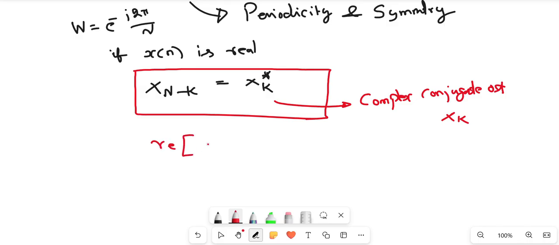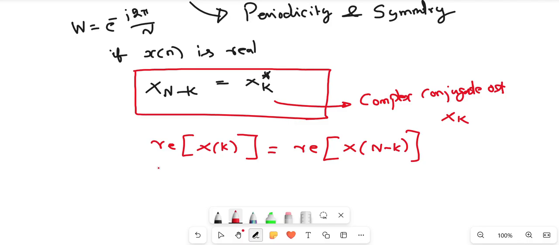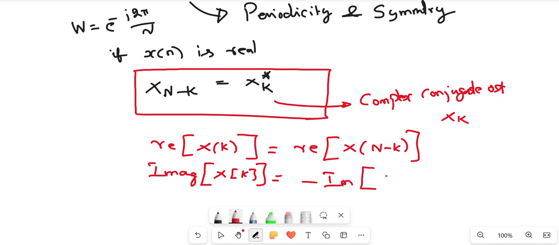So in which you can find the real part of X of k is equal to the real part of X of N minus k. Okay. The imaginary part of X of k is equal to minus the imaginary part of X of N minus k.